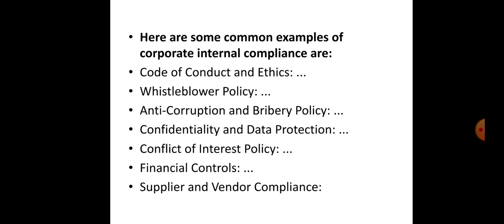In any organization we have a code of conduct and ethics, or policies related to dress code, ethics, or the schedule to be followed, and an anti-corruption and bribery policy, then confidentiality and data protection policy, conflict of interest policy, financial controls, and supplier and vendor compliance.